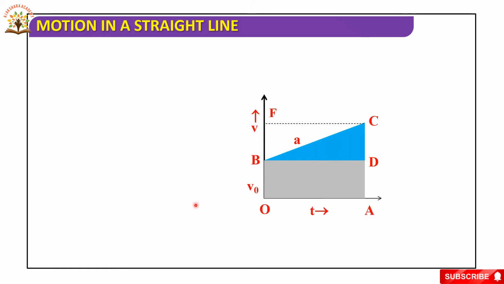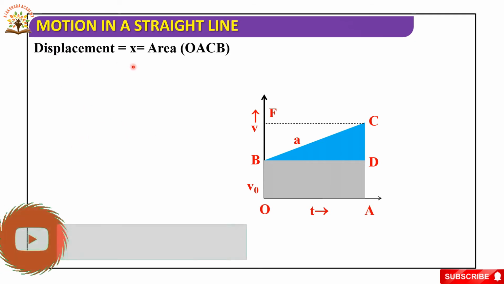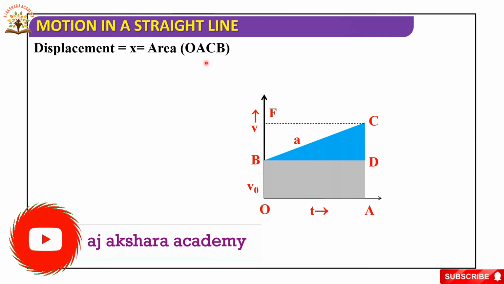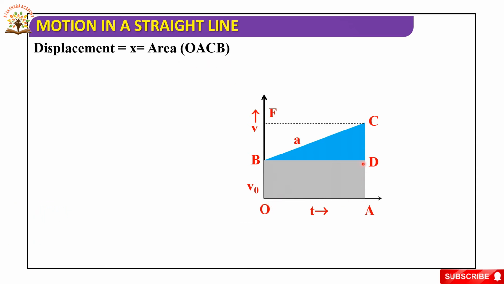Next, from this we write displacement x, that is the area of OACB. That is equal to the area of OADB plus the area of triangle BDC.